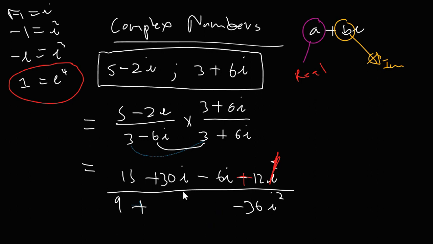Okay, and then we work on the like terms. We have 12 and this was 15, which is going to give us 27 obviously. So we have 27, and for the imaginary part we have 30 minus 6, giving us plus 24i.